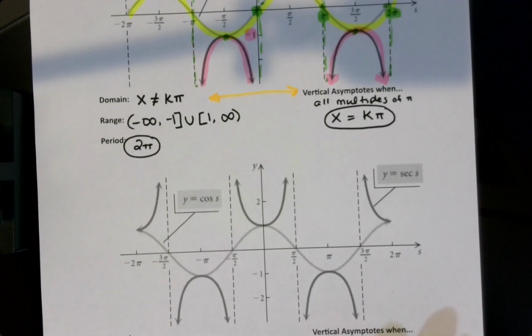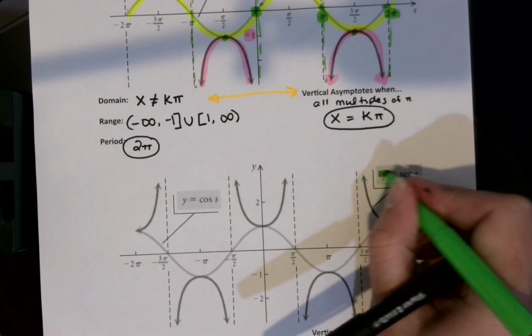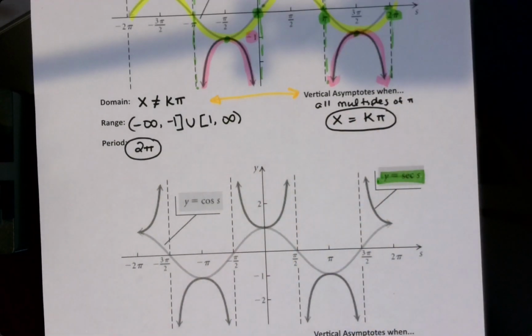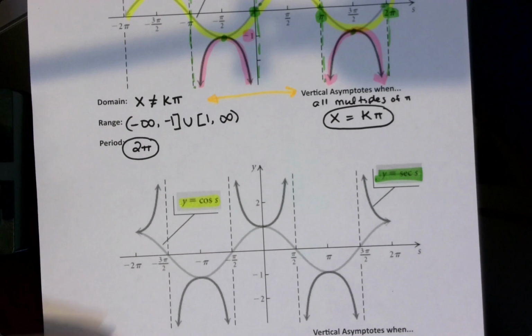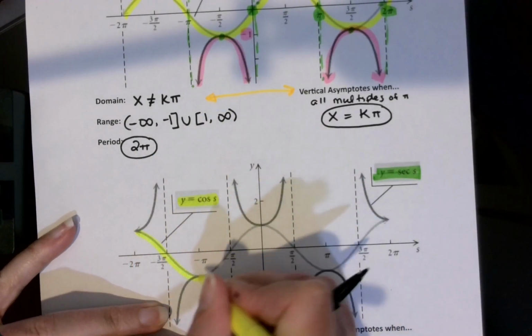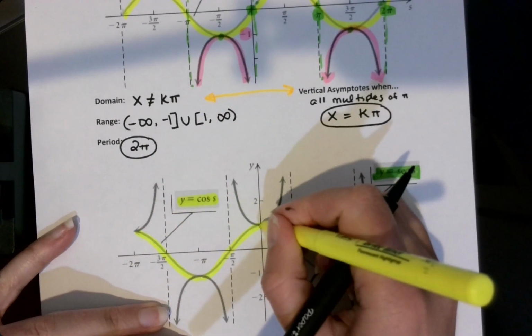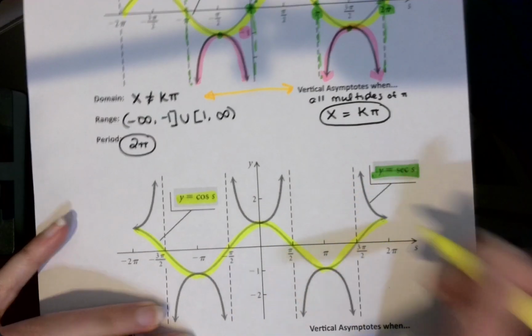Okay, so our last function down here, we're going to take a look at the secant function. In order to figure out what the secant function looks like, we want to look at the cosine function because secant is the reciprocal of cosine. So we've already seen cosine. I'm just going to take a look at this function here.